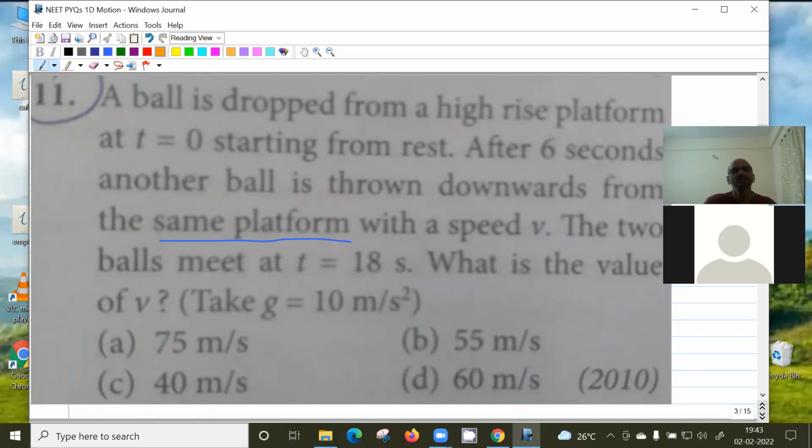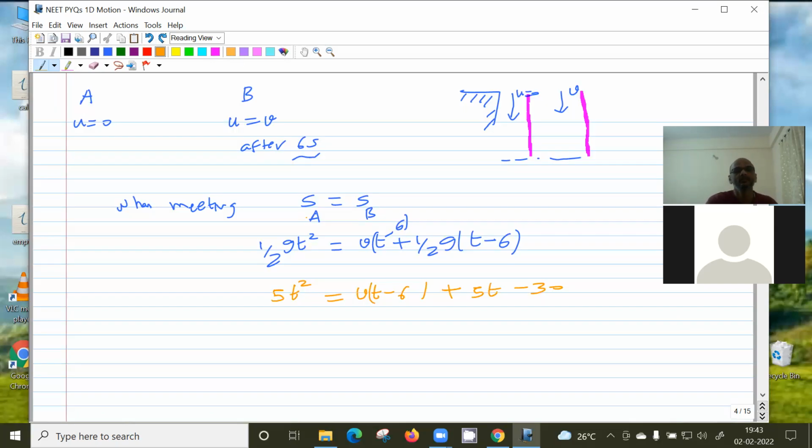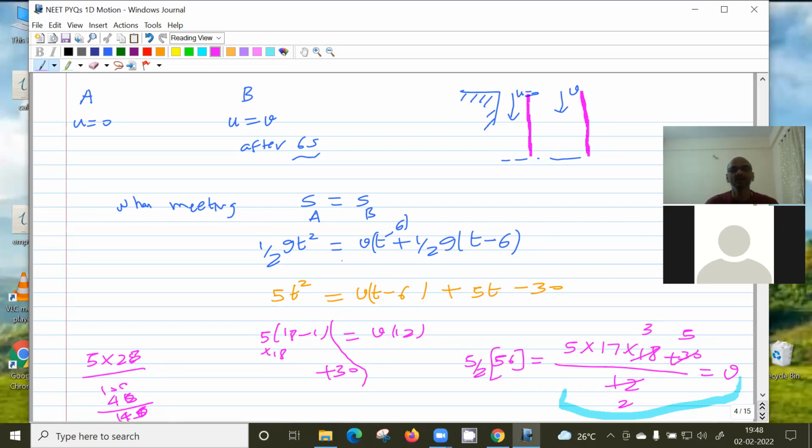So it's simple then. You just have to put t equal to 18 and then find v. This is easier. So t is 18, 18 minus 6 is 12. Okay, just leave this thing, I'll come back to it later.